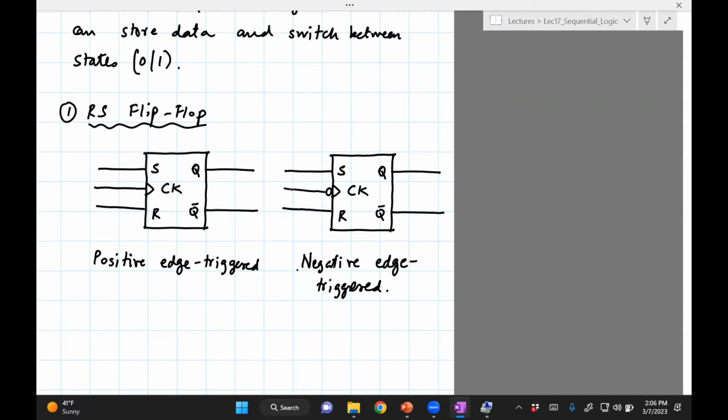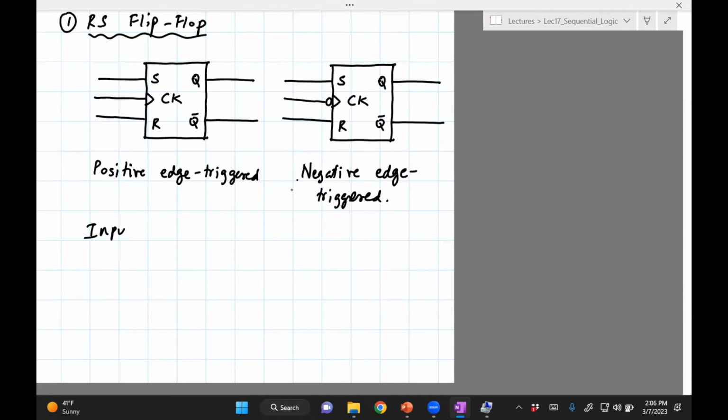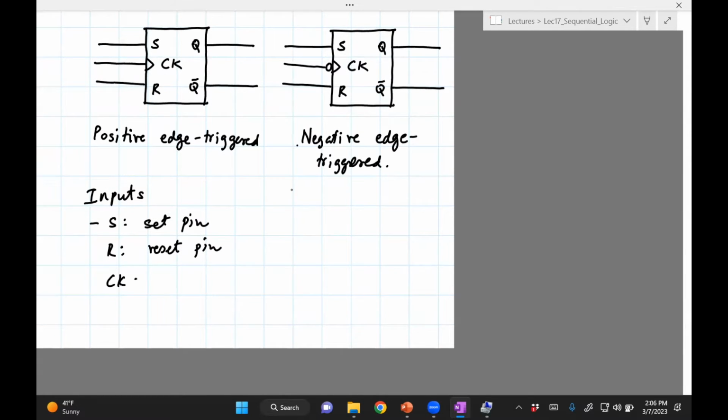Okay, here we have the following inputs. S, it's also known as the set pin. R, that's the reset pin. Then we have CK, which is the clock. This is positive edge trigger.